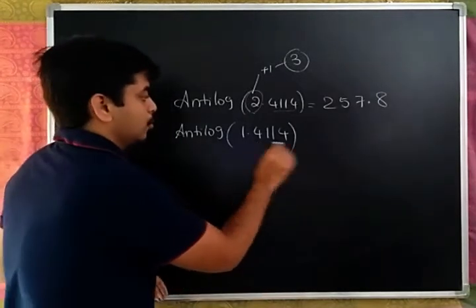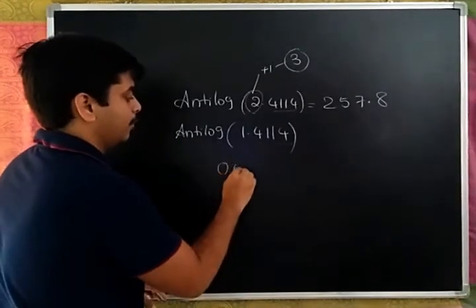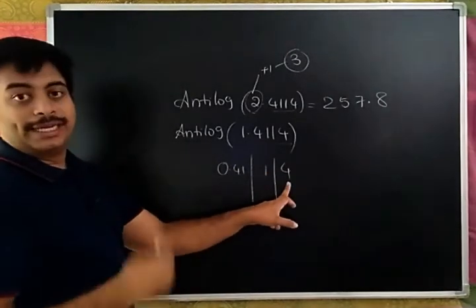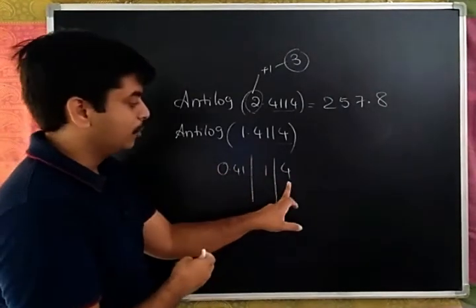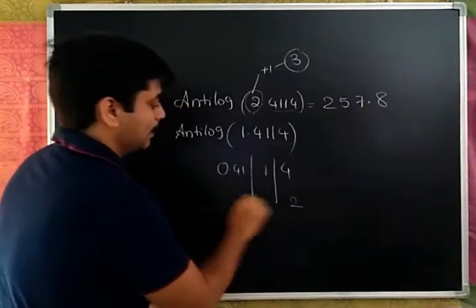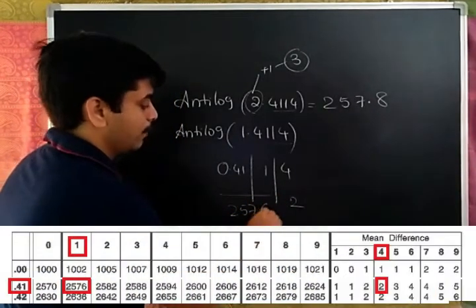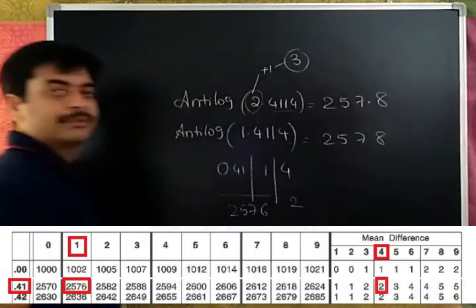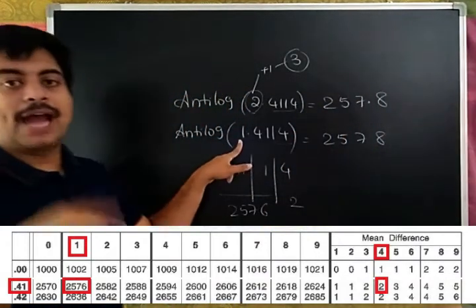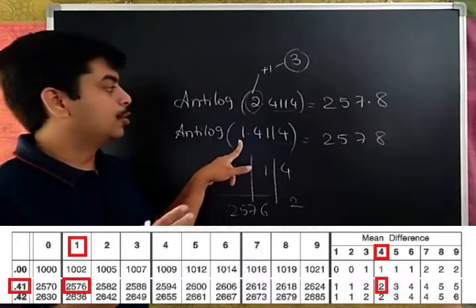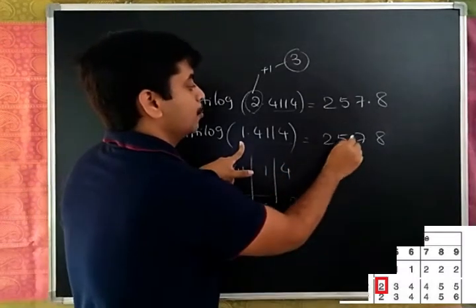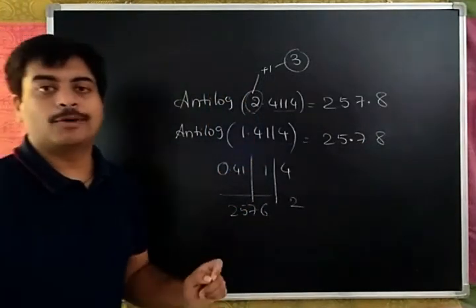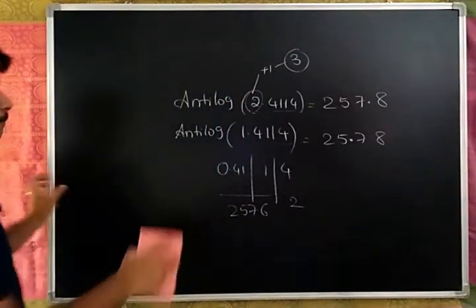So once again, go to the anti-logarithm tables, 0.41th row, first column and fourth mean difference, which will be 2 here, and this is 2576. When you add, you get 2578, but as we have 1 here, add 1 to that, and it becomes 2. So your decimal should be after 2 digits, that is 25.78.